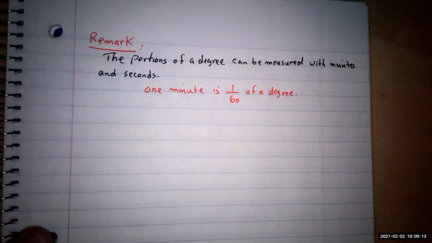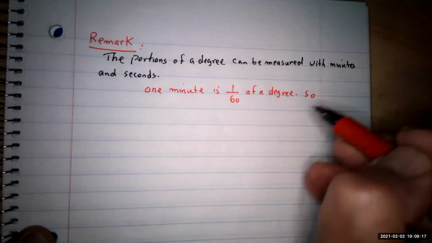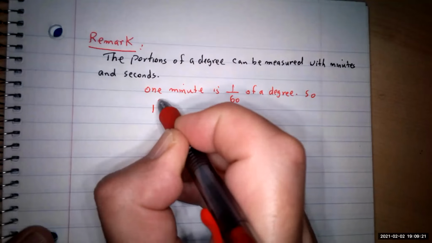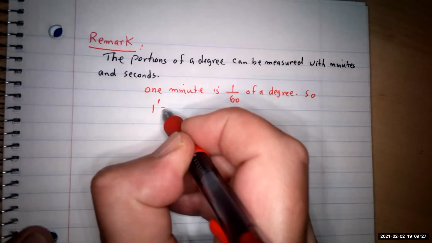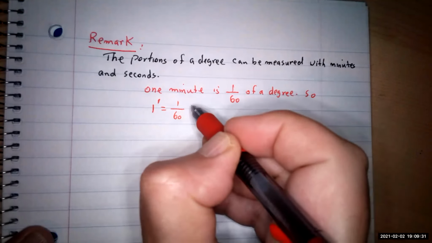Okay, and so this is the way we write it down. The notation is going to be, this is it, for the minute. We use this notation. So 1 minute is going to be 1/60 of 1 degree, if you like.